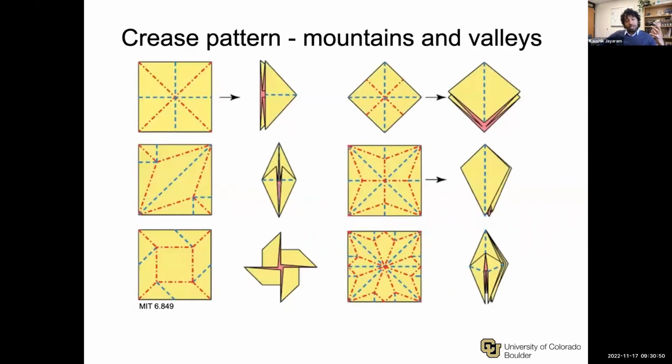The fundamental basis for thinking about origami structures is crease patterns, at least in the classical sense. So you have two basic types of creases. You have a mountain, which is a crease which folds up kind of like a mountain, and then you have a valley, which is a divot. You can see those as blue and red traces respectively.